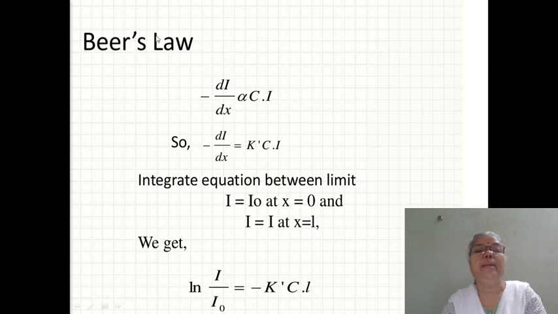Then mathematically we can write Beer's law as minus dI by dx is proportional to concentration as well as the intensity of incident light, and we can write minus dI by dx equal to k dash into C into I.